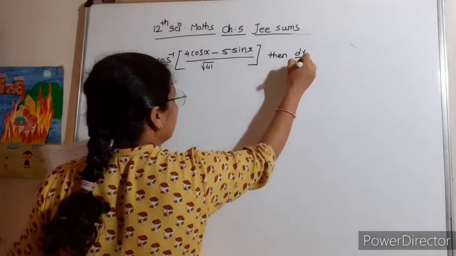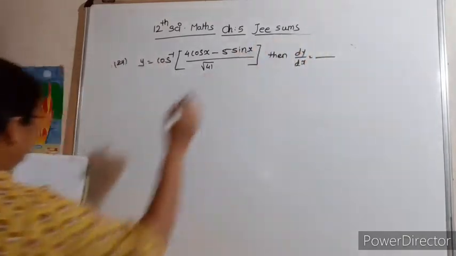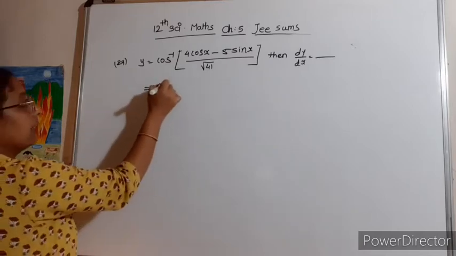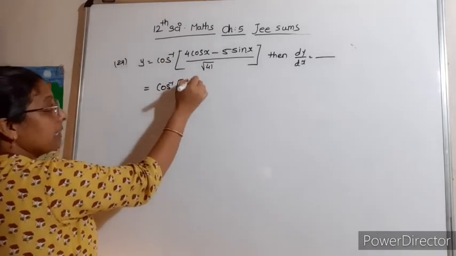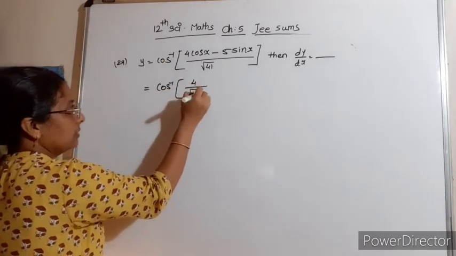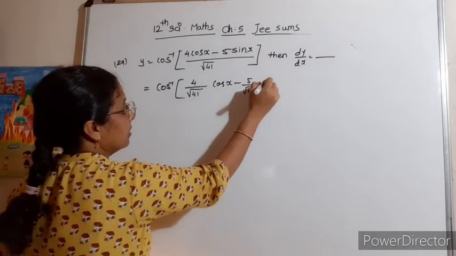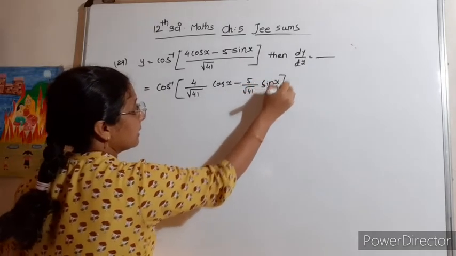Then dy by dx is dash. Okay. So y is equal to cos inverse. I will write like this. हम ऐसे उसको लिख सकते हैं.